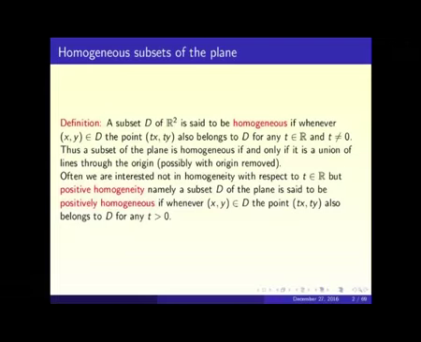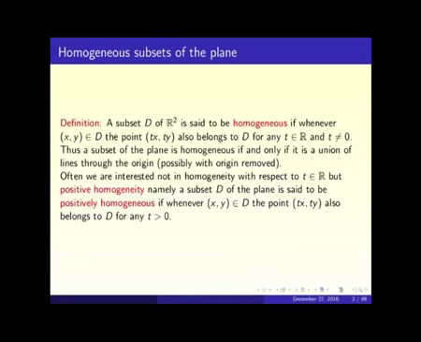Now let's go further. Often we are not interested in homogeneity with respect to all real numbers, but only with respect to positive real numbers. So likewise, let's define a positively homogeneous domain. When is a domain said to be positively homogeneous? If whenever (x, y) belongs to D, t times (x, y), that is the point (tx, ty), also belongs to D, but this requirement is only for t positive.